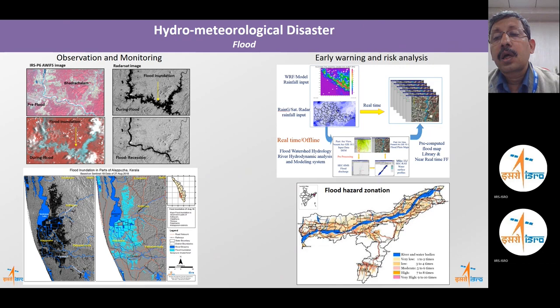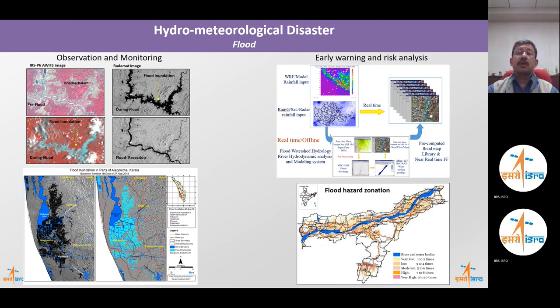And this pre-computed flow can be modeled to identify the various inundations as a result of different levels of rainfall. And this can be saved as a library.